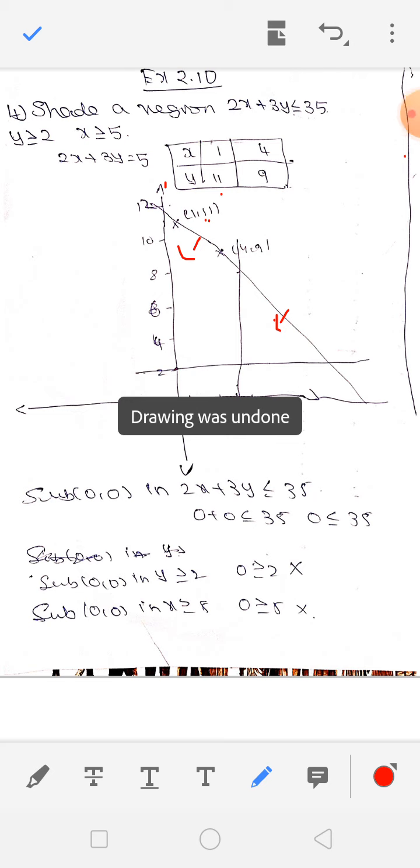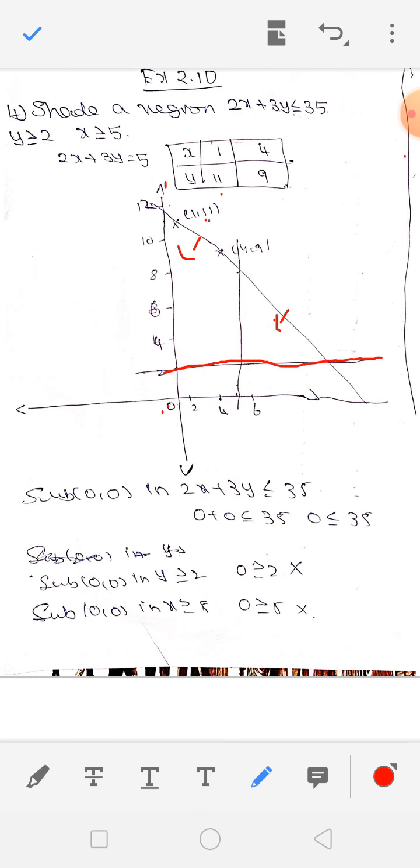And also y greater than or equal to 2, so this is the y is equal to 2 line, correct? What are the points here? 2 comma 0. Above 2 comma 0 or below 2 comma 0, take any point. So I am going to take again 0 comma 0, below. If we put 0 comma 0 and substitute in the place of x and y here, what will you get? 0 is greater than or equal to 2. Is it possible? Not possible.